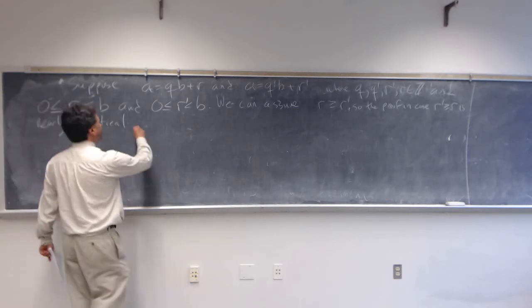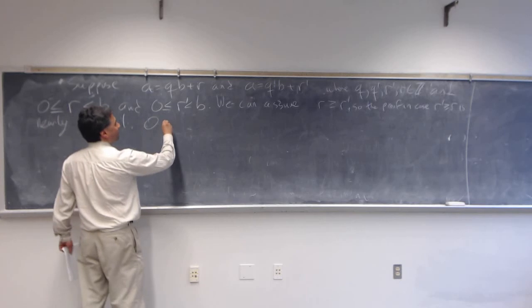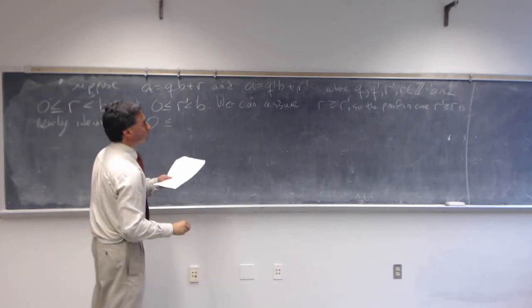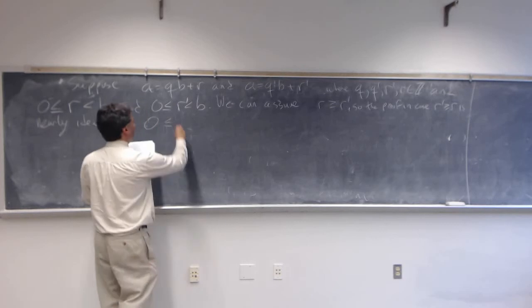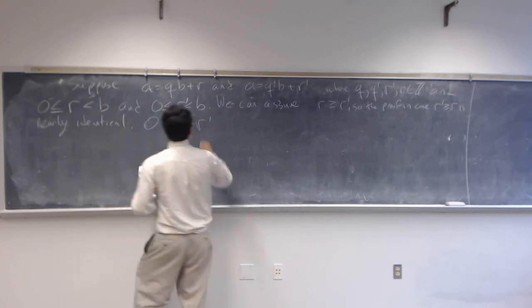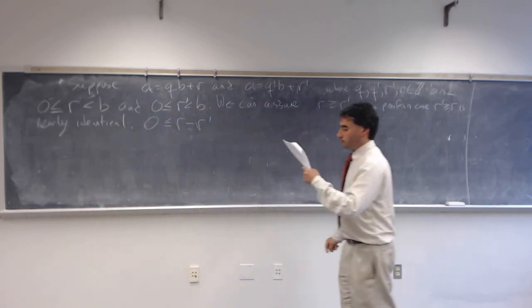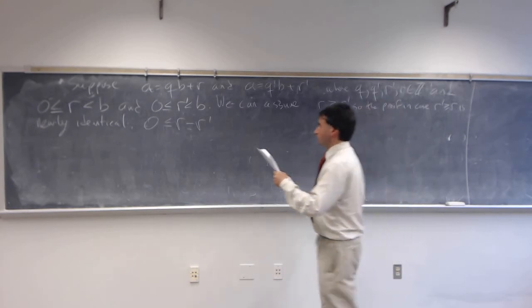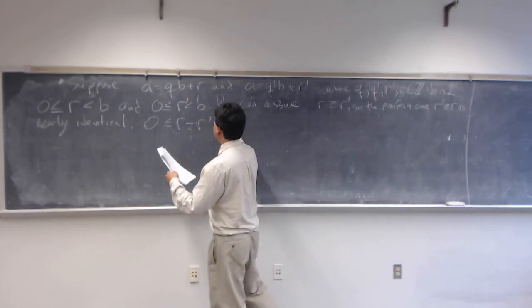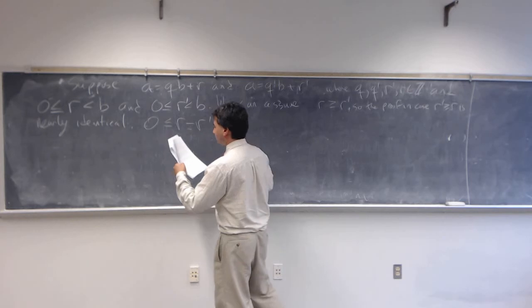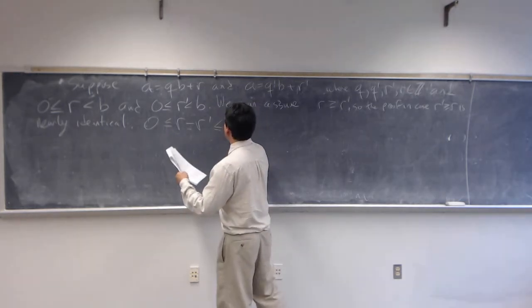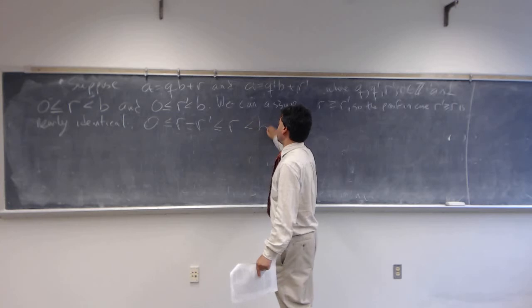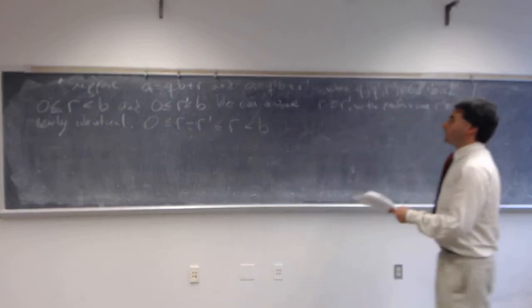Okay, so what we have is 0 is less than or equal to R minus R prime, which is less than or equal to R, which is strictly less than B.